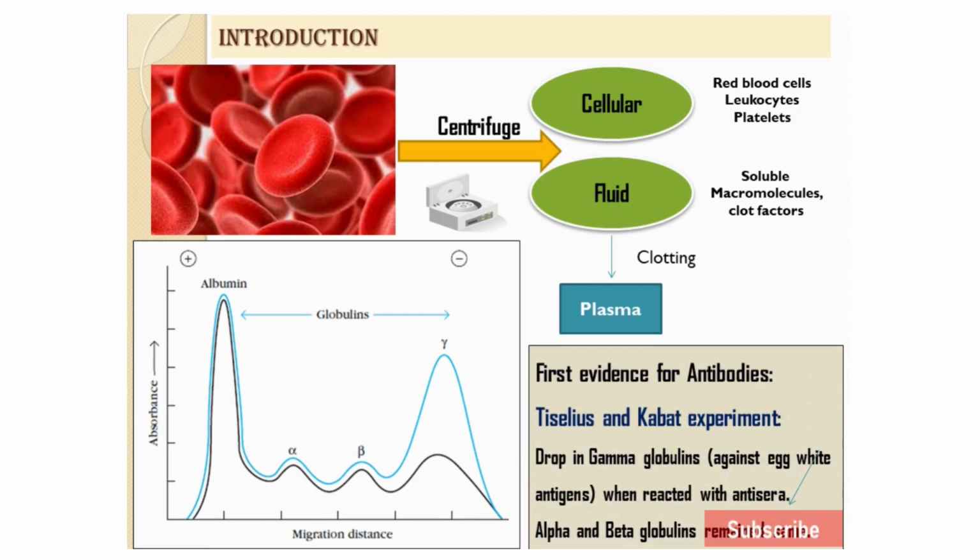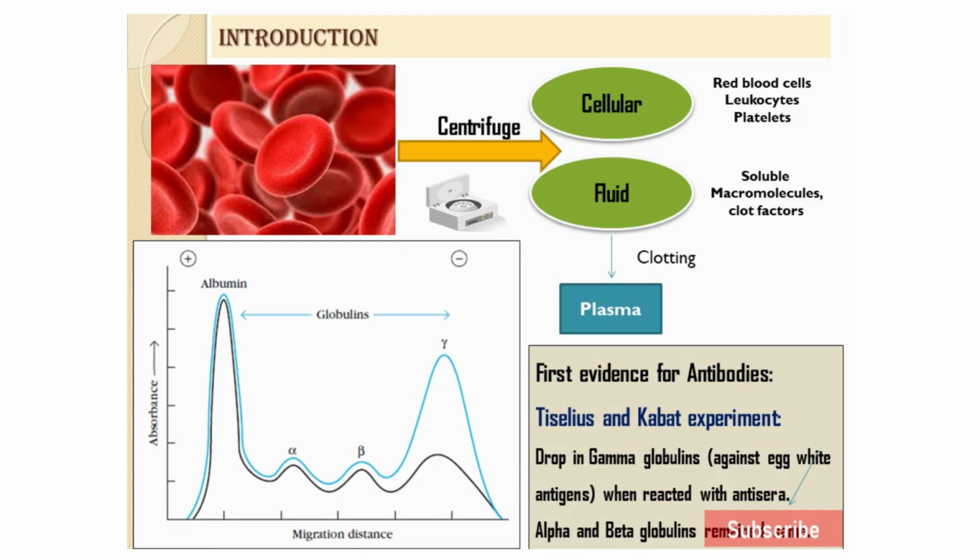The drop in gamma globulins against egg white antigens when reacted with antisera proved that there is some component within the plasma which reacts with the antigens. Alpha and beta globulins remained the same, but there was a significant drop in the levels of the gamma globulin fraction, which was later found to correspond with immunoglobulin G.